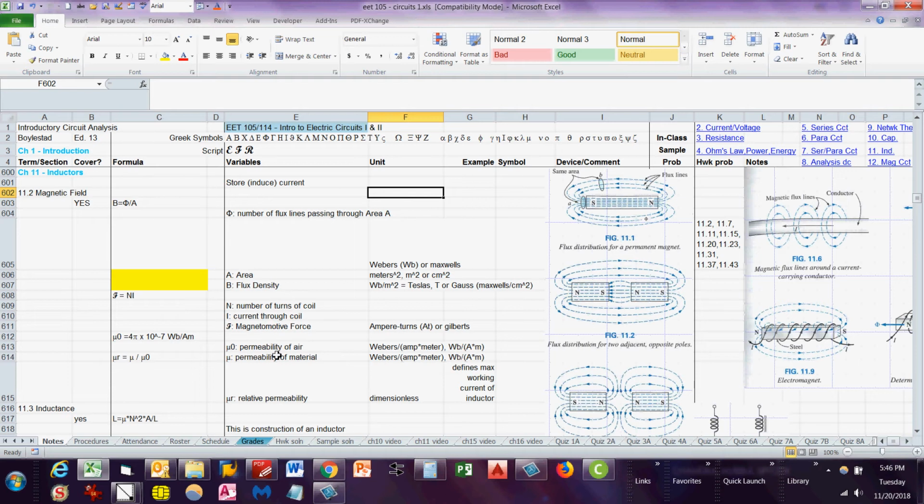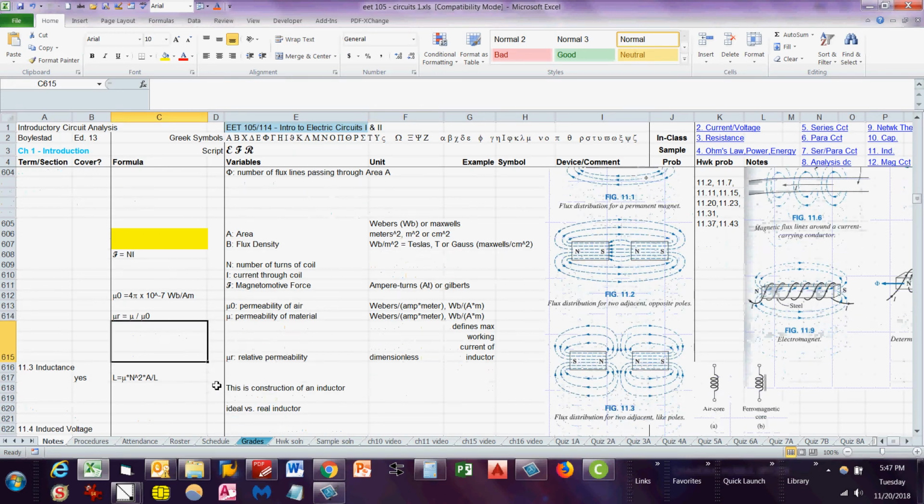So mu 0 is the permeability of air, mu is the permeability of the material that's given, and then mu sub r is mu divided by mu 0. Mu r is the relative permeability. It's dimensionless. It defines the max working current of the inductor, very similar to the capacitor.